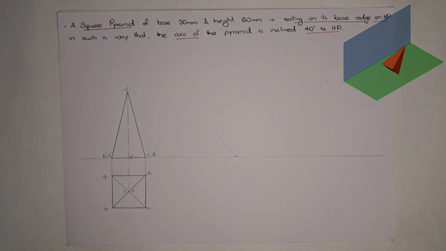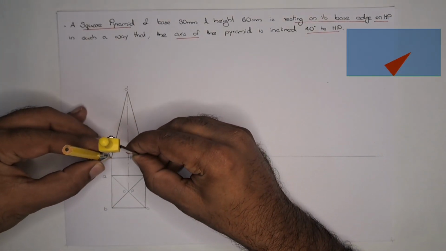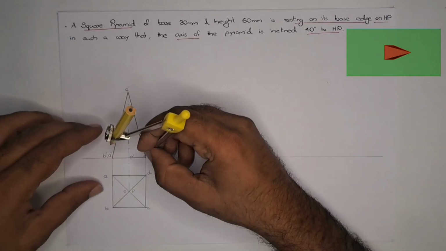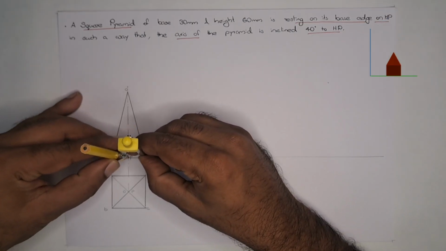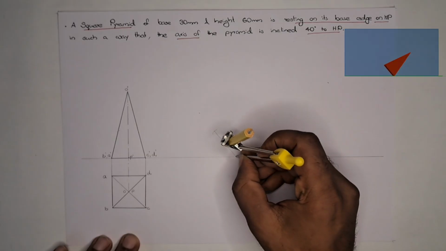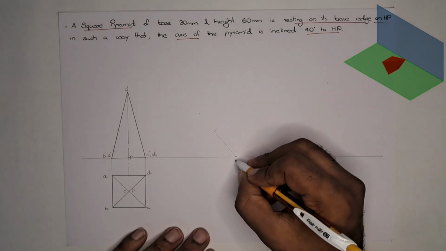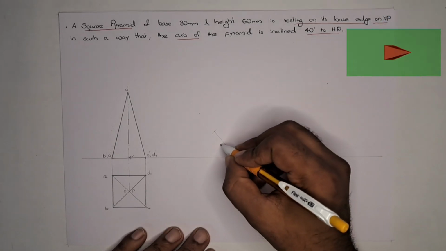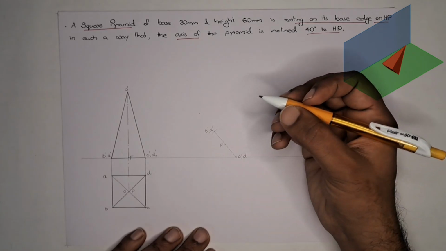Now we can take the distance DA here and plot it here, and to the axis we plot it here. Mark the points. Here it is C dash, D dash, here it's P dash, here it's B dash, A dash.